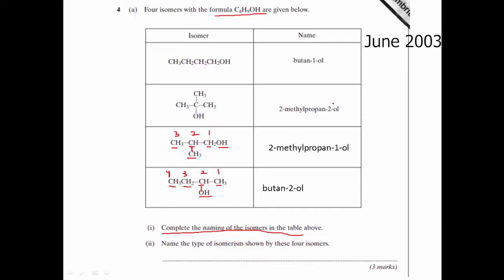Also, some have the same carbon skeleton and the same functional groups. So it is clear that the isomerism shown by these 4 isomers is chain and positional isomerism.